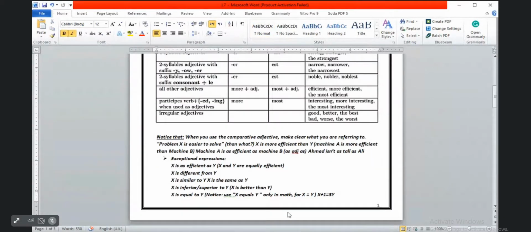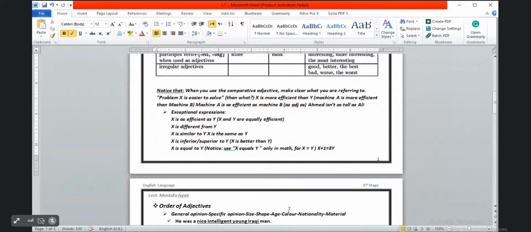Let's move now to the second part of this lecture. Now we have a notice. When you use the comparative adjective, make clear what you are referring to. When you use a comparative adjective, you must know who or what you are referring to.